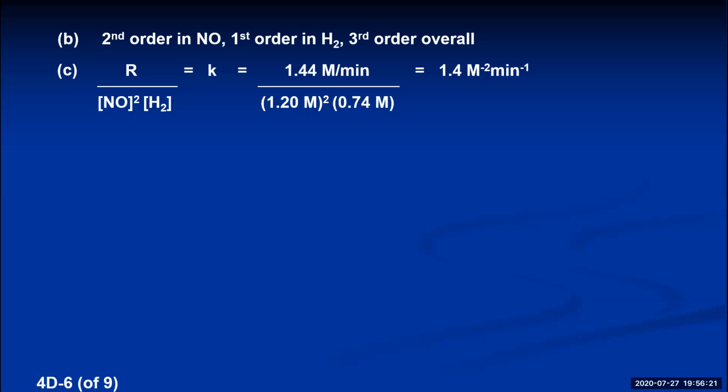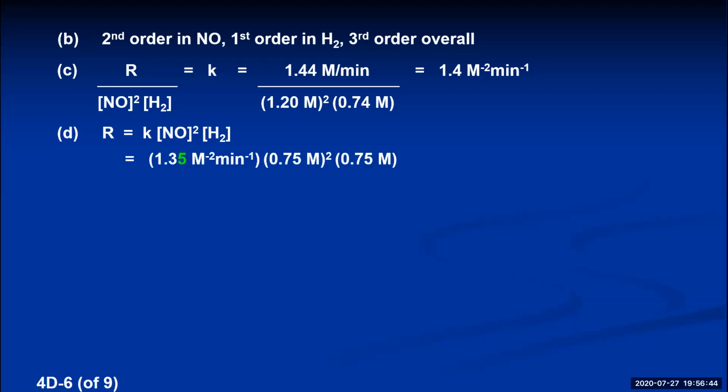D says what will be the initial rate in molarity of H2 per minute if the initial concentration of NO is 0.75 molar and the initial concentration of hydrogen is 0.75 molar. So I'm going to use the rate law and I'm going to use my value of k that I just calculated, and I'm going to put in the two initial molarities of the NO and the H2.